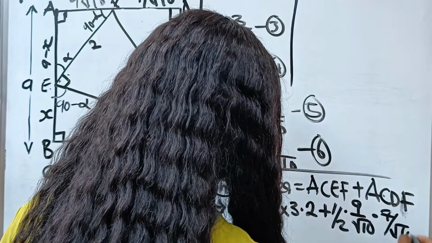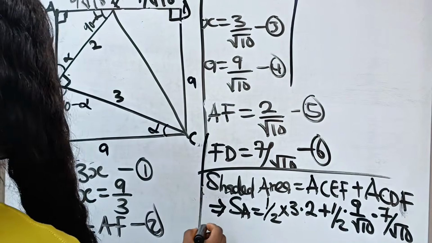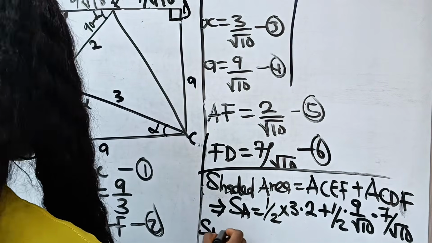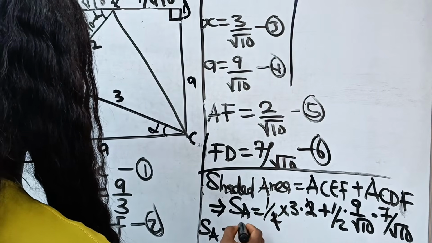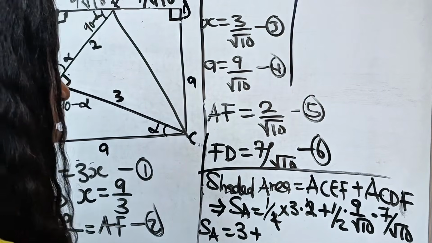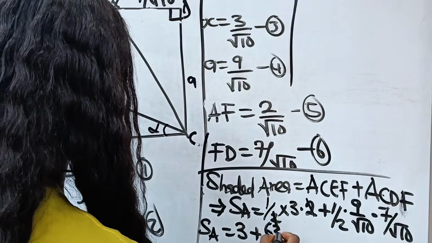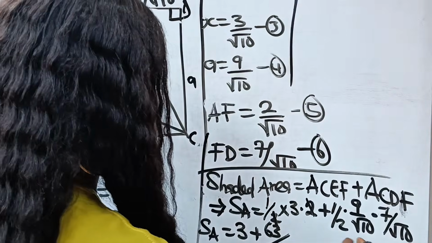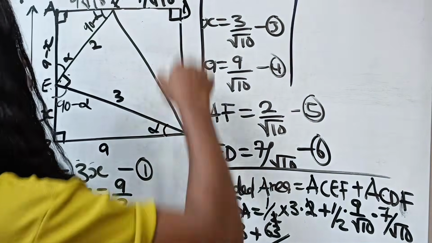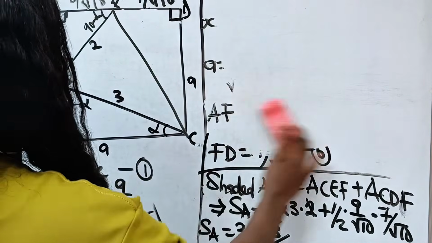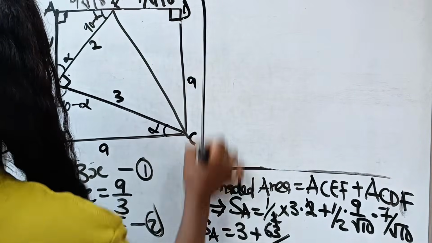Okay, so the shaded area should be equal to half, we remove this, so we have 3 remaining here, plus 9 times 7 is 63, so we have 63 divided by root 10 multiplied by root 10, which is 10. This is what we have to solve to get our answer.